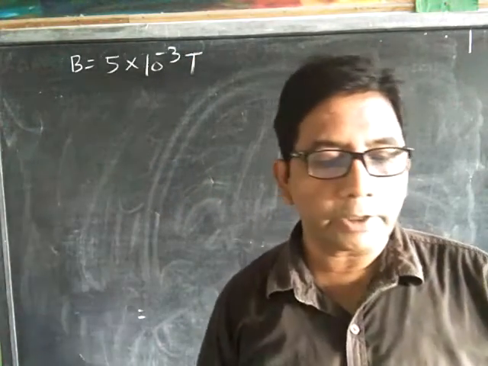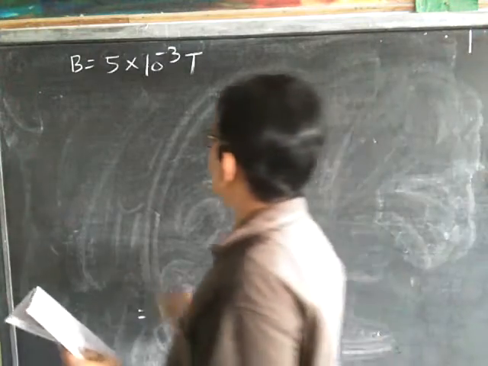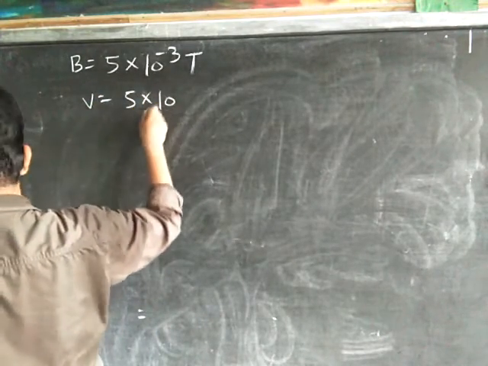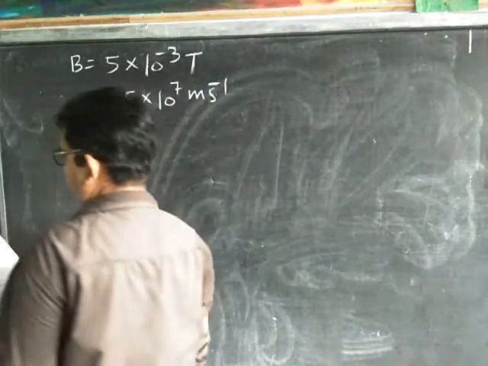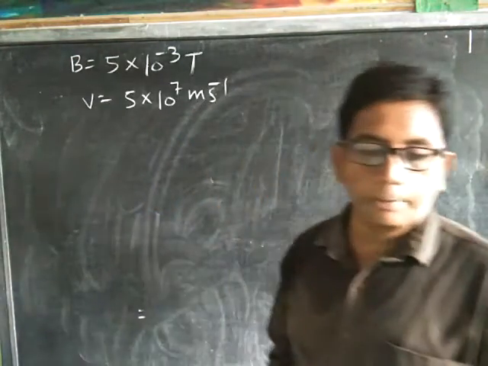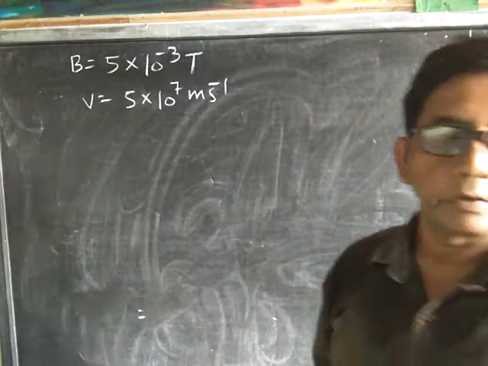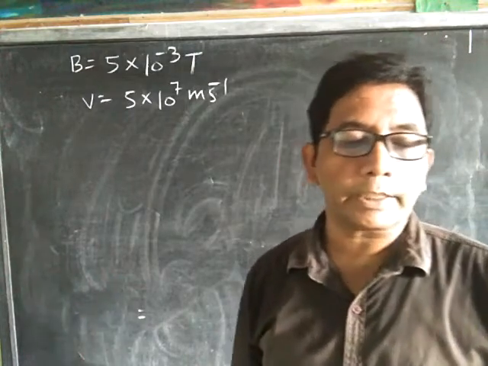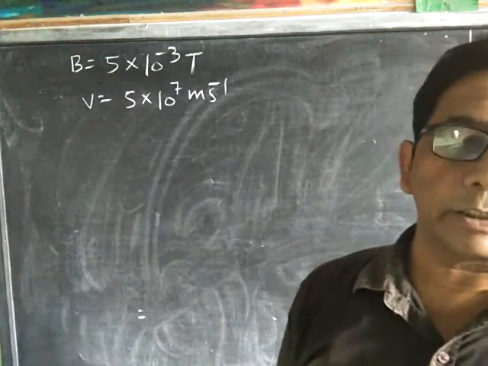An electron with a speed v of 5 into 10 power 7 meter per second enters the chamber in a direction normal to the field. Calculate first the radius of the path and second the frequency of revolution of the electron.